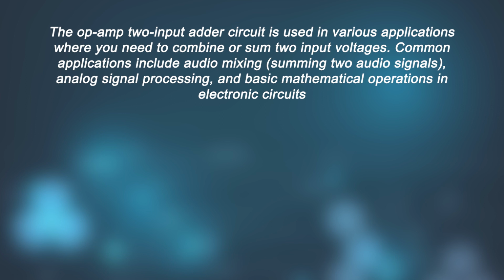The Op Amp 2-input adder circuit is a simple but fundamental circuit used to add two input voltages together. It is a specific type of the more general Op Amp adder circuit with multiple inputs.